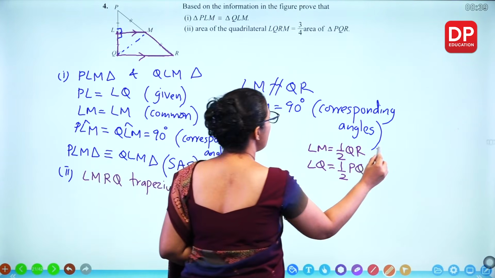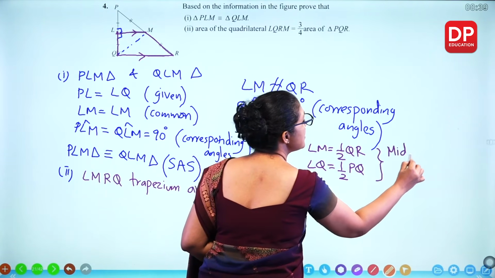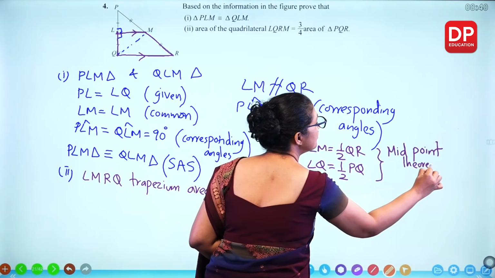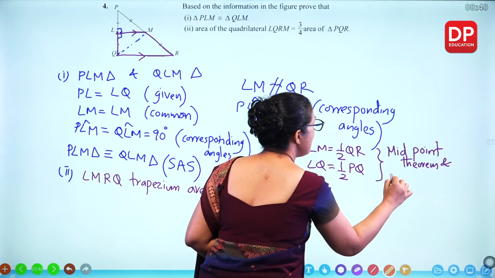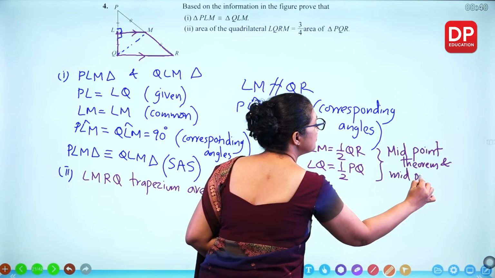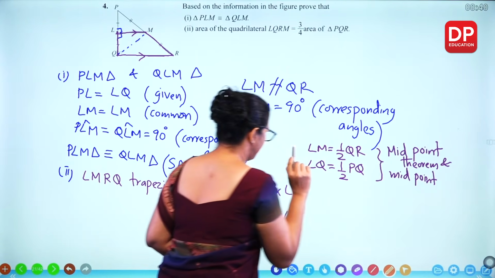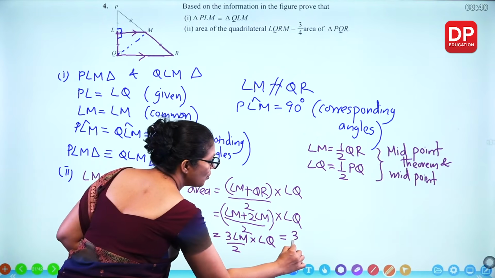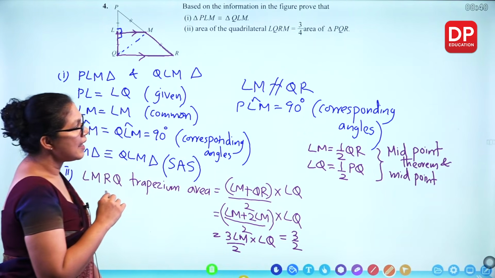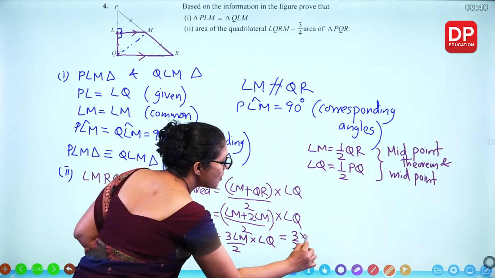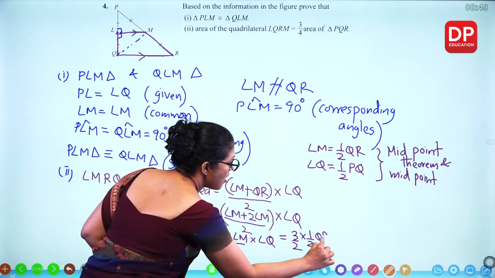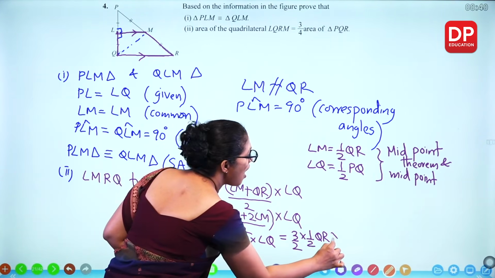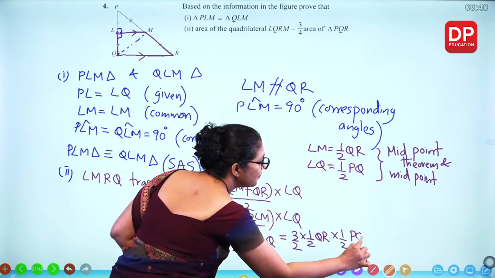This is all because of the midpoint theorem. Now we'll plug it here. 3 over 2. Instead of LM, I want to write half QR. And instead of LQ, I want to write half of PQ.